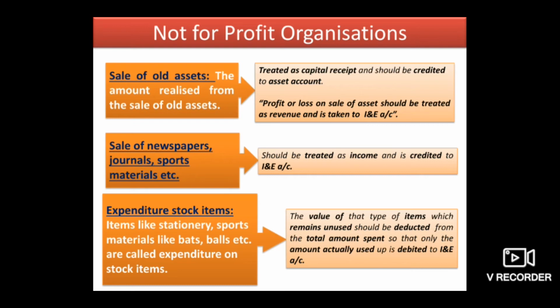In this situation, the closing balance of the stock items will be shown in the balance sheet, and the amount actually used, that will be debited to the income and expenditure account.